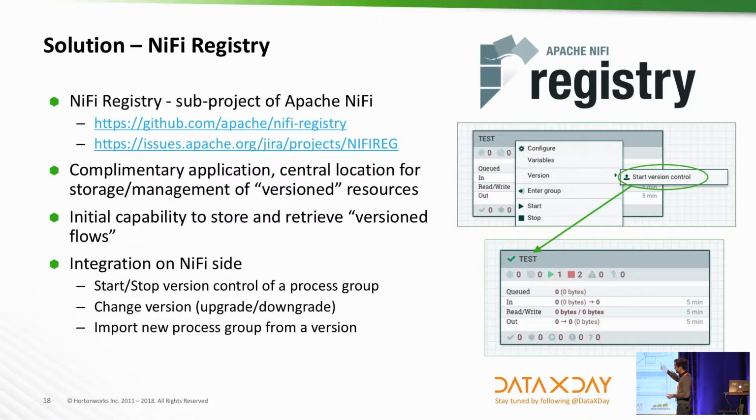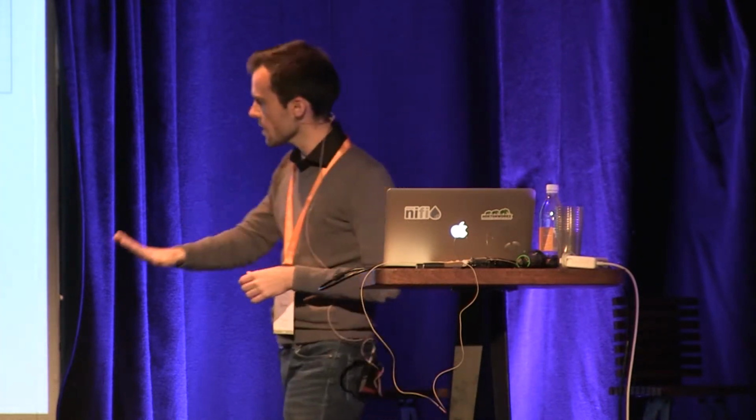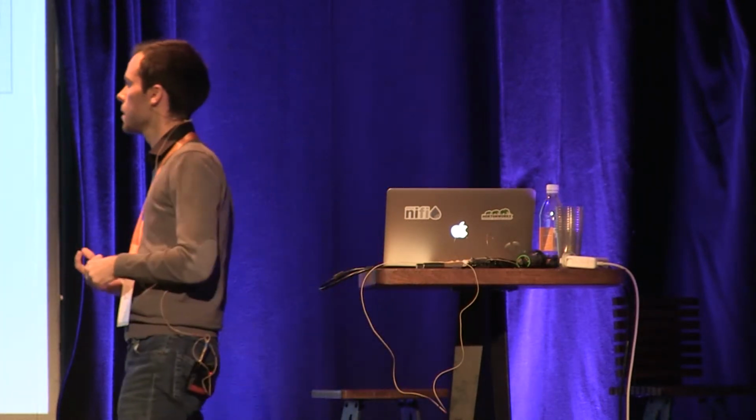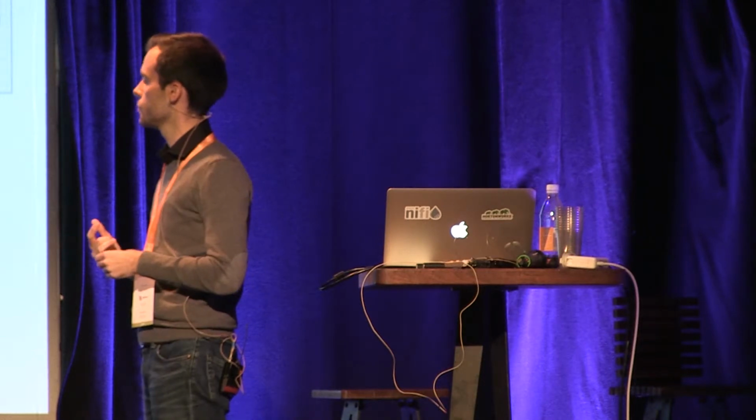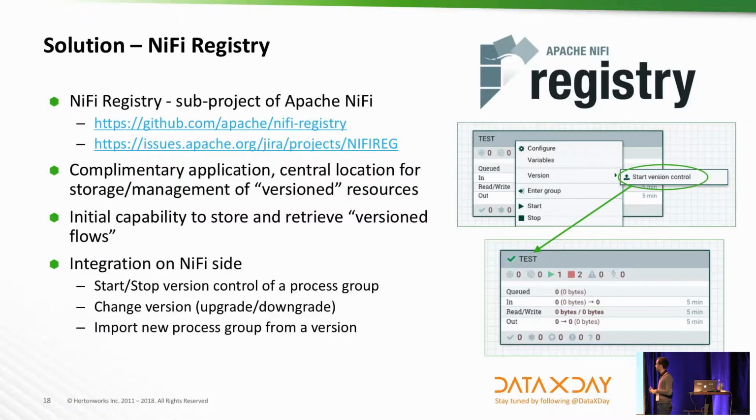In the roadmap and in the next version, you will be able to publish, just like a Docker image, your custom processors on the NiFi registry and to actually deploy the custom processors on the target environments without restarting NiFi. So it's not here yet, but it should be in the future in a few months.